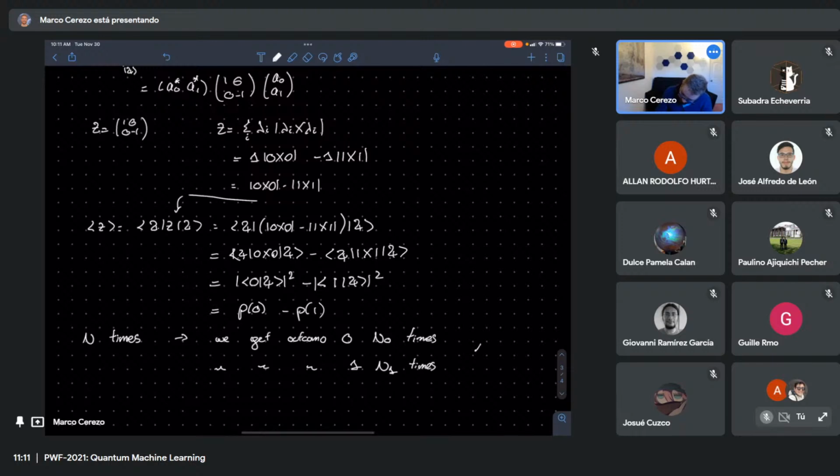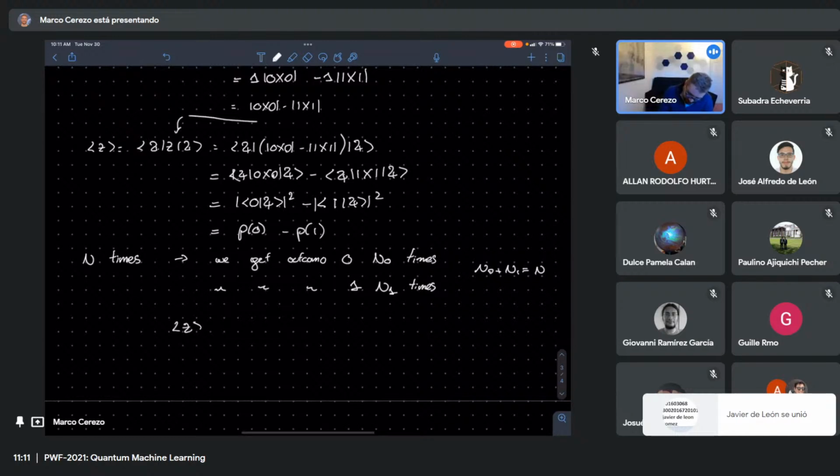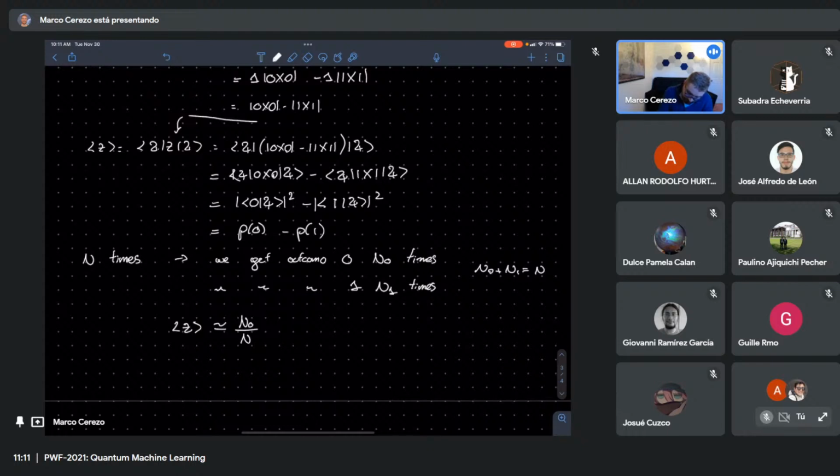And of course, we know that n0 plus n1 needs to be equal to n, because again, probability gets conserved. And we can estimate this expectation value as approximately the number of times that we got 0, estimating probabilities by their frequencies, minus n1 divided by n. So through measurements, we can compute the expectation value of Z, right?